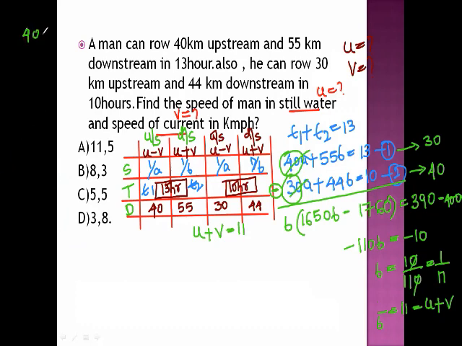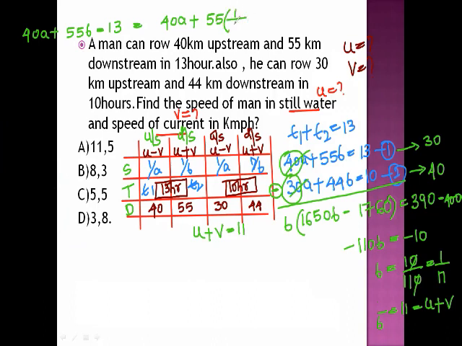See here. The first equation we are having is 40a plus 55b is equal to 13. So this implies 40a plus 55 into, what is b from this equation? b is equal to 1 by 11.